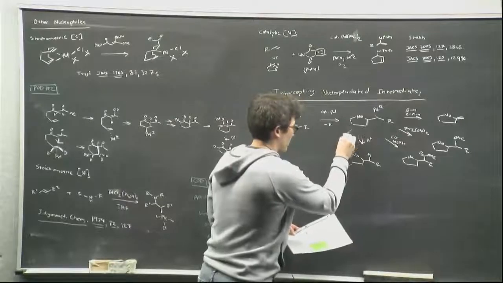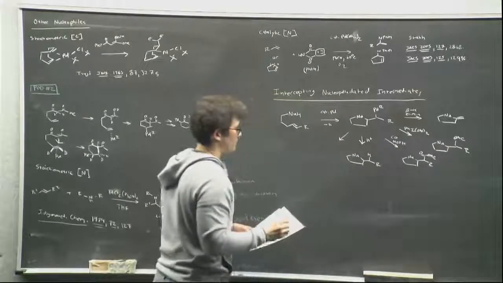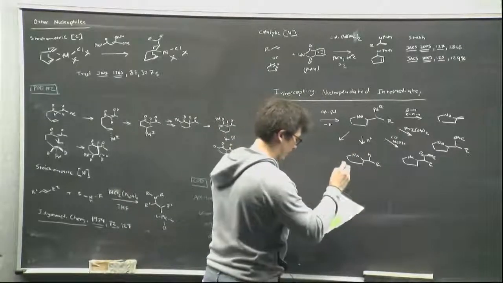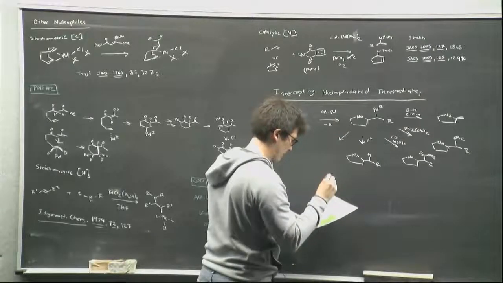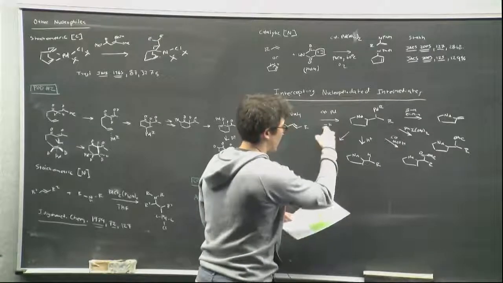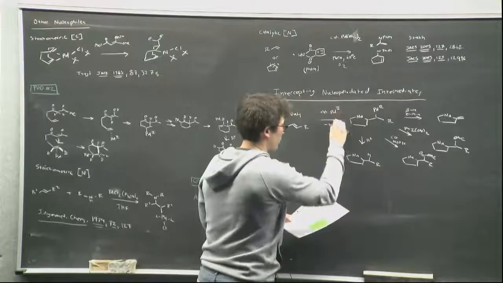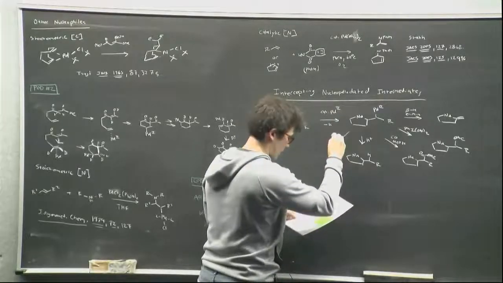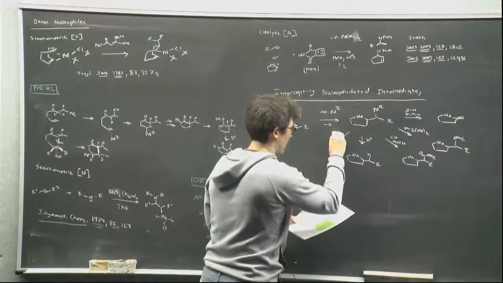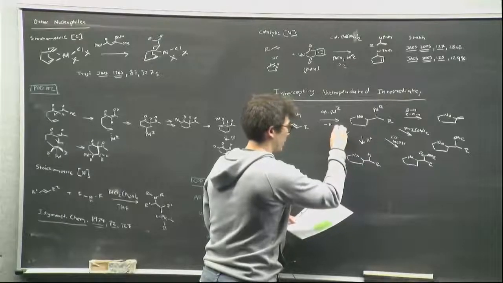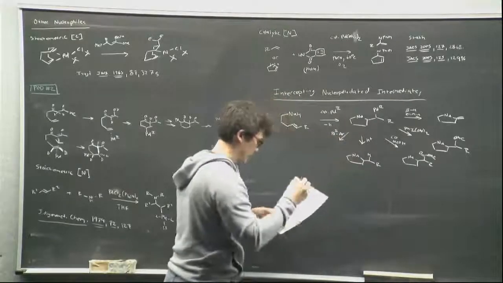And then this might make more sense after we cover the Wacker type chemistry. But if instead of palladium-2, you use palladium-0 and an aryl halide, then in situ you can generate a palladium-2 aryl species.